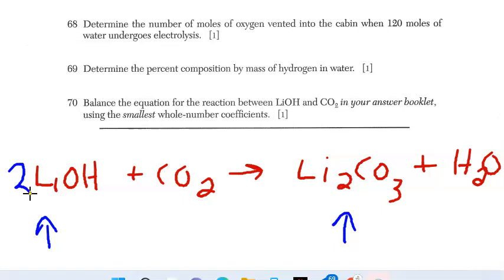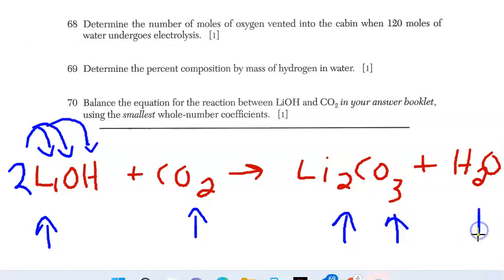Now, this lithium, remember, gets distributed throughout the entire formula. So I have 2 oxygens from lithium hydroxide, and I have 2 from carbon dioxide. That's a total of 4 oxygens. And here on the right, I have 3 from lithium carbonate and 1. So those are equal. 4 and 4, we're good. Let's move to hydrogen.